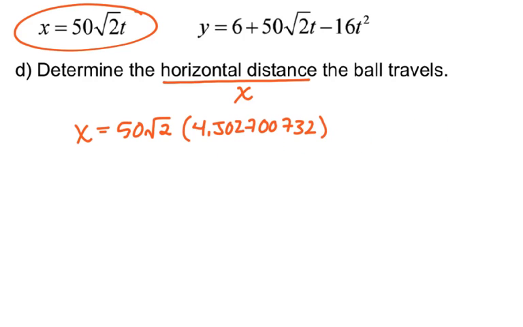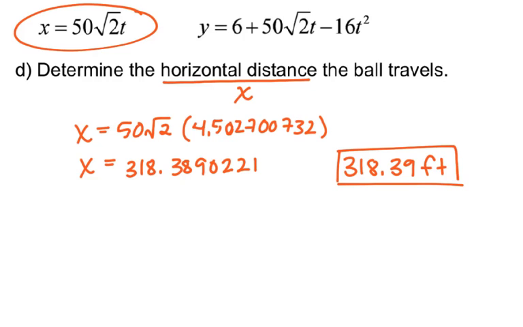So this is still going to be not exactly correct, but it'll be close enough that you won't make an error on your homework. And evaluating this, I used the answer feature, but I get 318.39 feet. And that is my distance downrange. So the distance horizontally from my starting position.